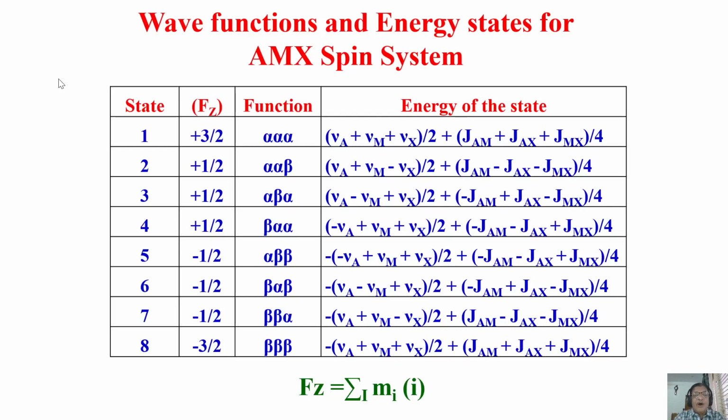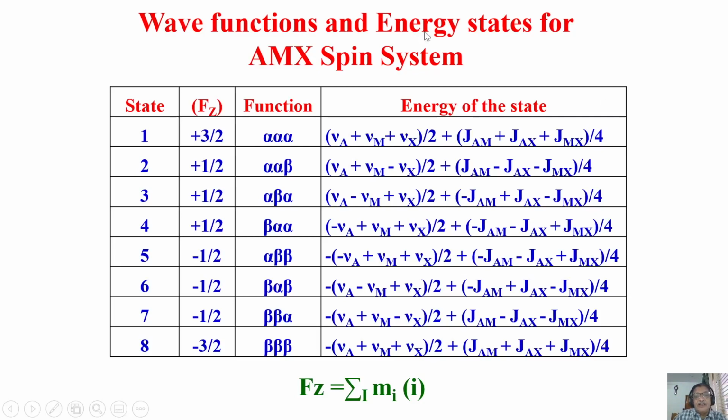We can see what the possible wave functions and energy states are. In simple terms, the energy states correspond to alpha alpha alpha, with the total magnetic quantum number of 3 by 2, then half, half, half, all those things. Now you can find out the transitions. What are the transitions allowed here?